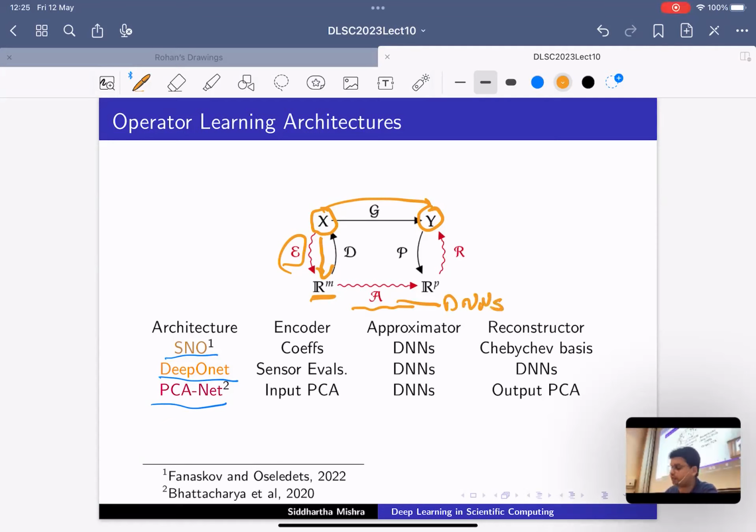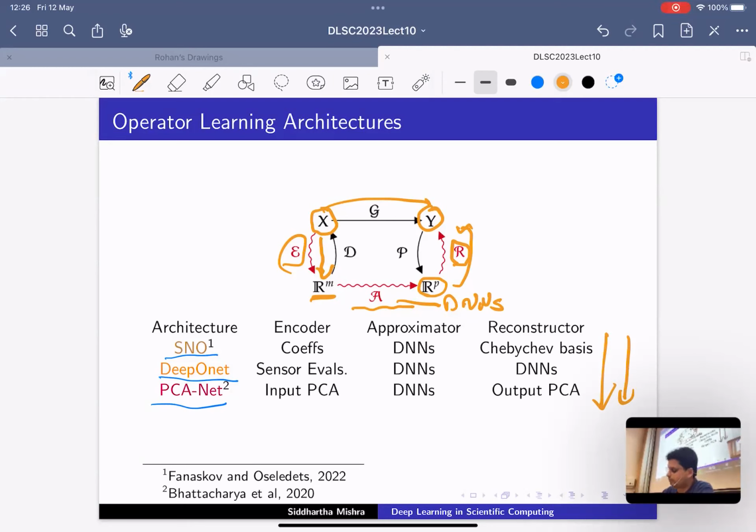Deep neural networks, because these are a very powerful class of function approximators in finite dimensions. And then once you have a finite dimensional object, some form of a representation of my input-output map, I'm going to lift it up to infinite dimensions through this operator R. The simplest way to do it is to use a basis, and there are different constructions of basis here.